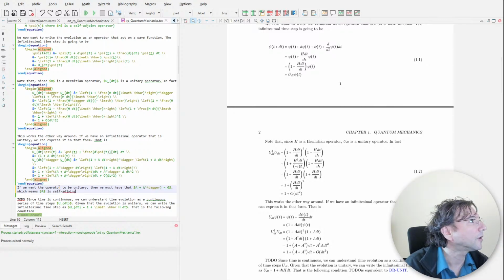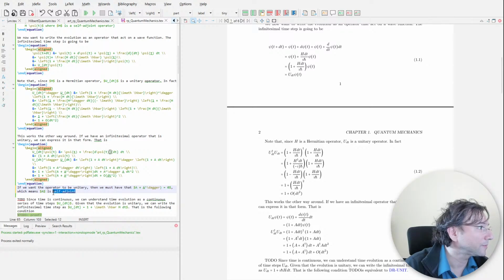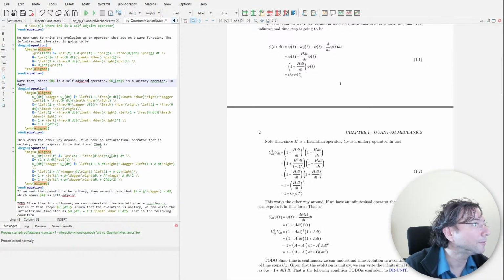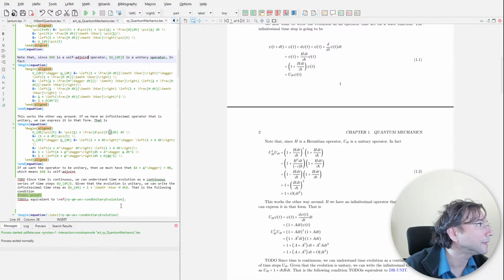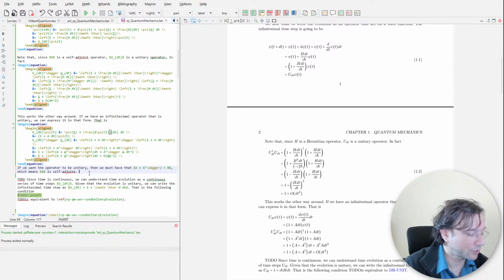Do we call them self-adjoint or Hermitian? We should probably call them self-adjoint, even though that's a whole kind of world.